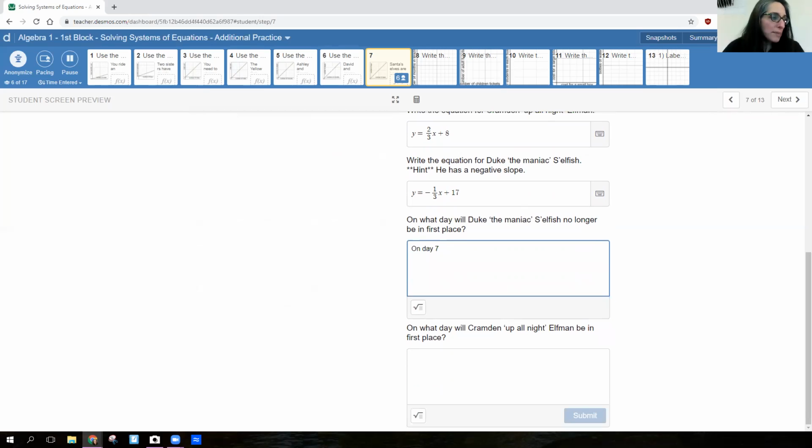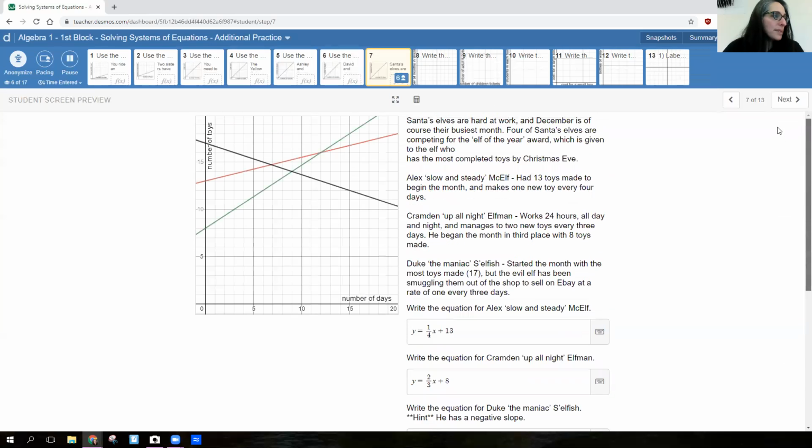On what day will Cramden Up All Night Elfman be in first place? So Cramden was the red line. No, I'm sorry. Cramden was the green line. So when is he going to finally be in first place? Well, that means you have to look at the graph and see when his graph is higher than all the other graphs, because that means he'll have the most toys. So it looks like at this point of intersection, he's equal to Alex.